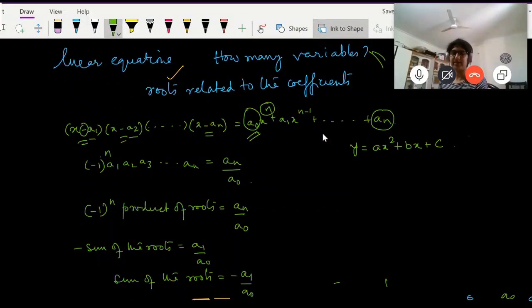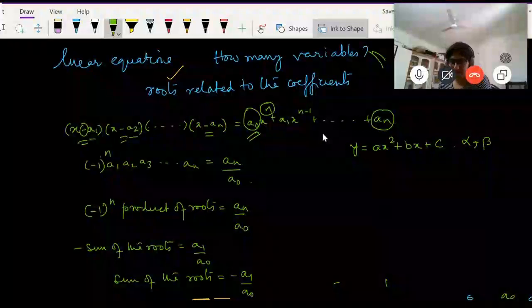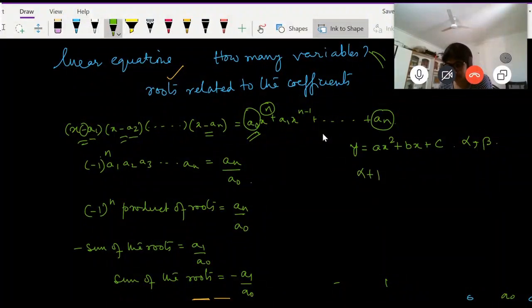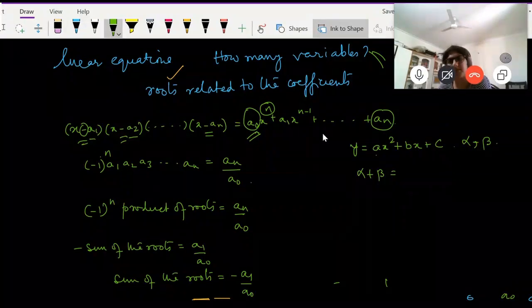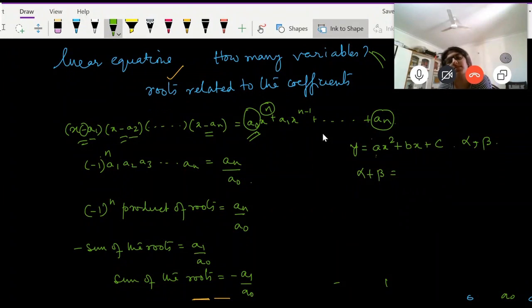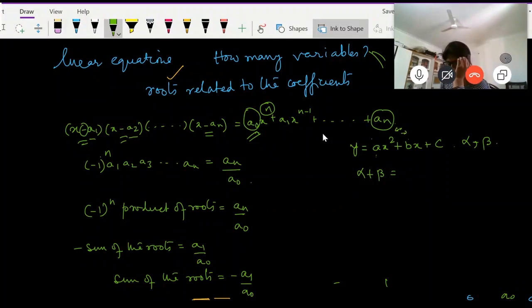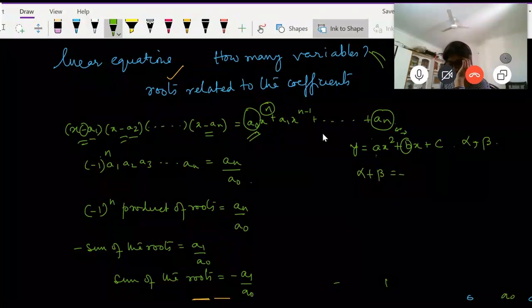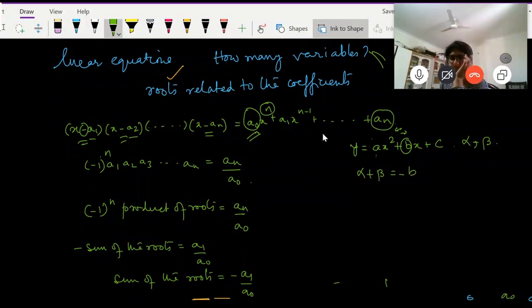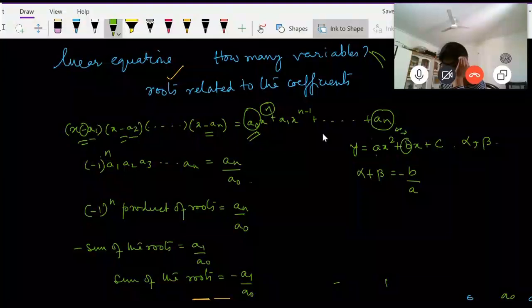If the roots are alpha and beta, then for alpha plus beta, you always do it like this. You just start from the highest power of x. Here it is x square. Just go to the next term. Take that coefficient with a negative sign, and divide by the coefficient of the highest power of x.